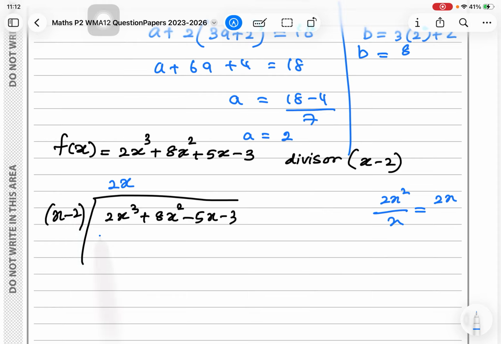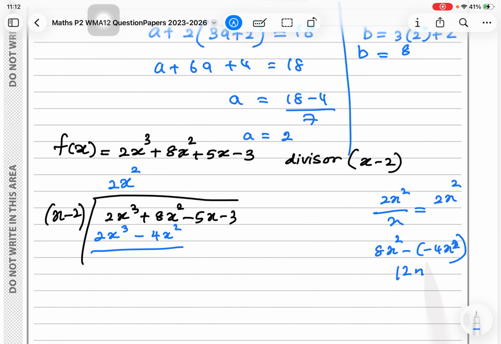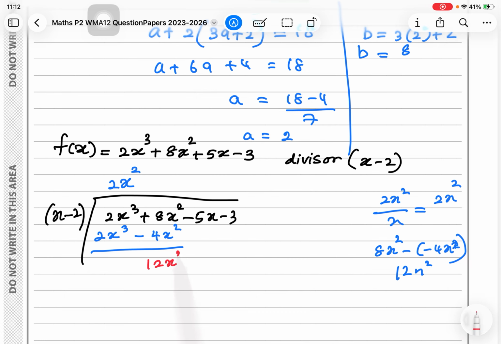When I multiply now, it's 2x squared times x minus 2, which gives 2x cubed minus 4x squared. Now 8x squared minus negative 4x squared will become a positive answer, so we got 12x squared plus 5x minus 3.